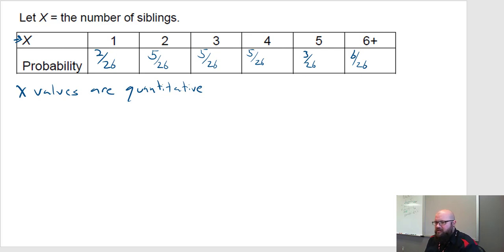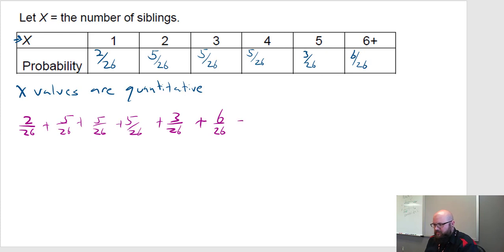To do that, we'd take 2 over 26, plus 5 over 26, plus 5 over 26, plus 5 over 26, plus 3 over 26, plus 6 over 26 for the last column there.